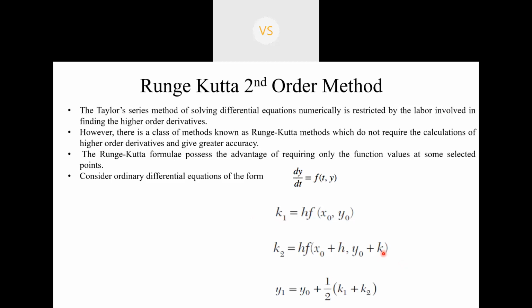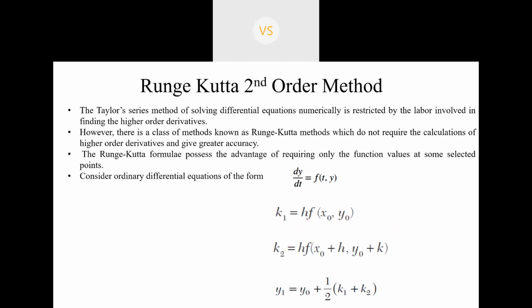Then to find the value of y1: y1 is equal to y0 plus half of k1 plus k2. As it is a second order method, you have only two values of k, k1 and k2. In a simple way, you just have to substitute the values at some selected points in the function.